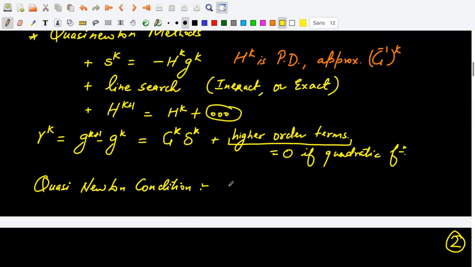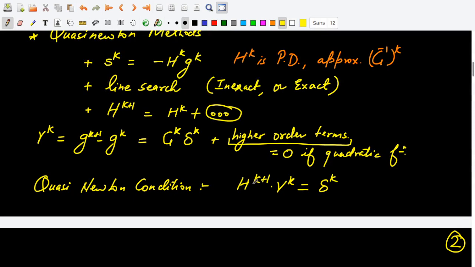It says that basically we just take G to the other side, so Hk plus 1 into gamma k must be equal to delta k.